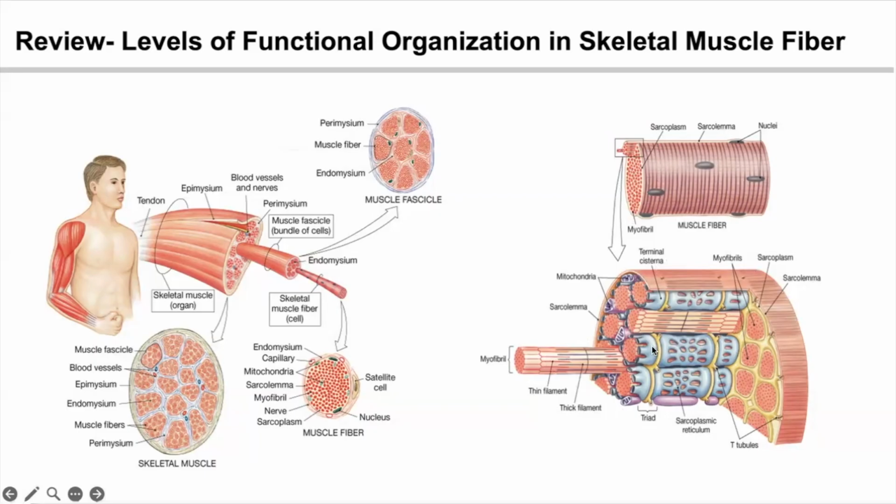Sarcoplasmic reticulum is the main source where calcium remains stored in these muscles. Calcium is very important for muscle contraction, and it is stored in these bulge places known as triads. Near the triads there are T tubules, and they are all involved in the action potential so that the calcium can be released from the muscle.